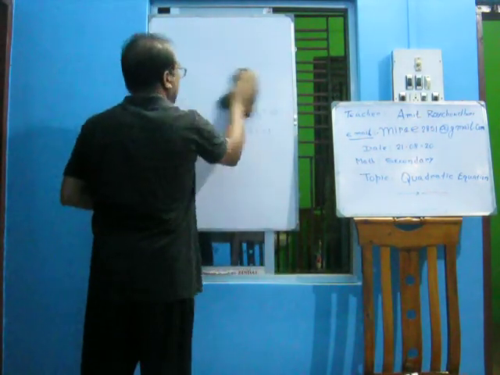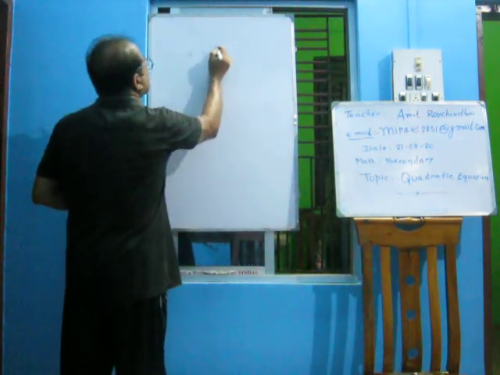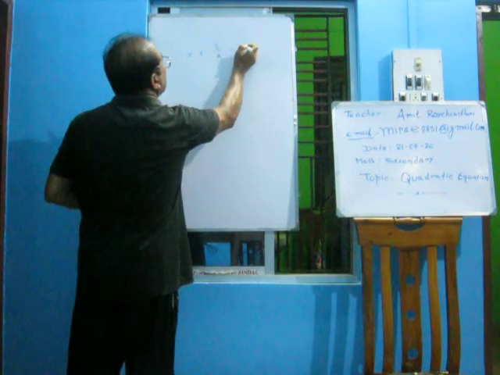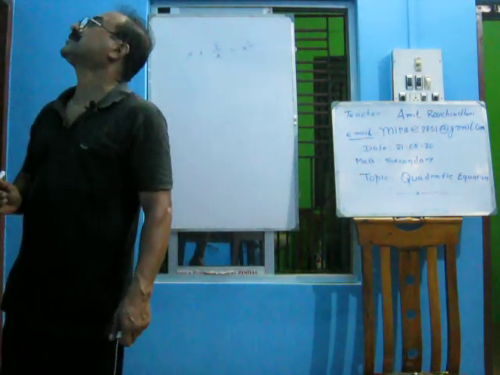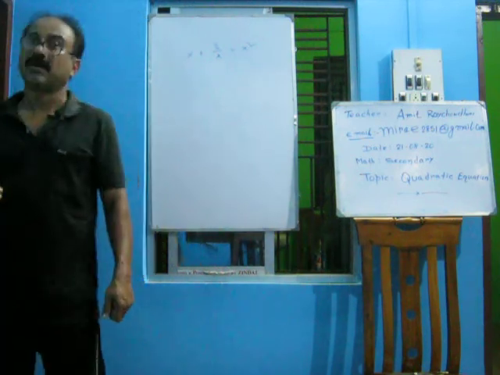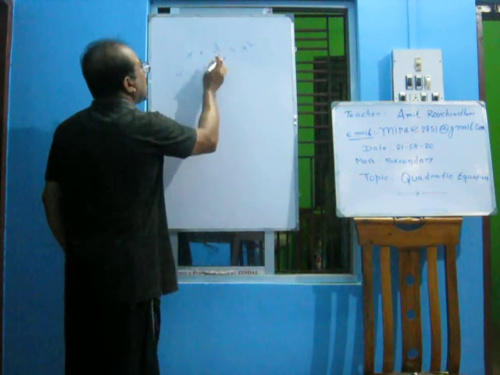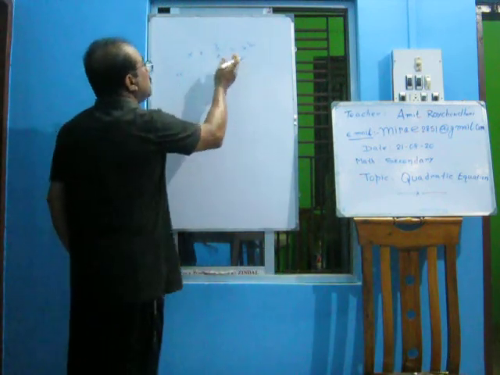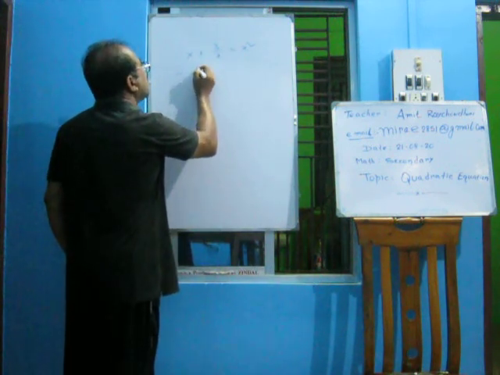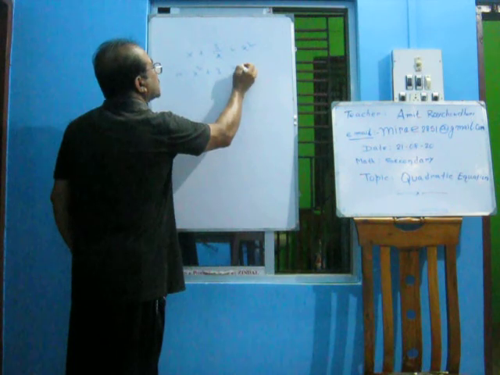Another equation I can give you: x plus 3 by x equal to x square. Again this x is giving me trouble. So what should I do now? Multiplying both sides, it comes as x square plus 3 equal to x cube.